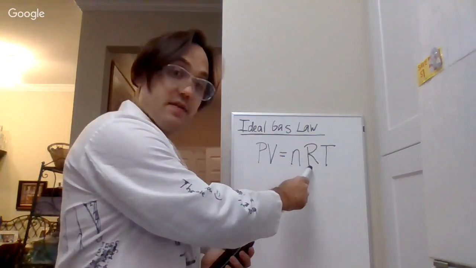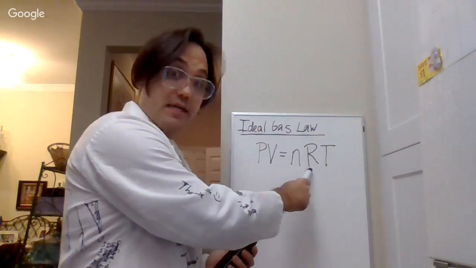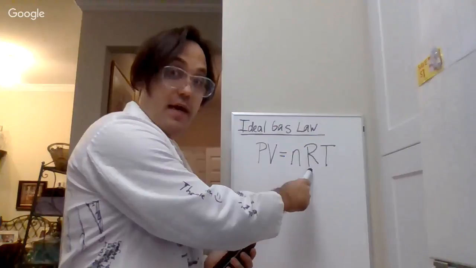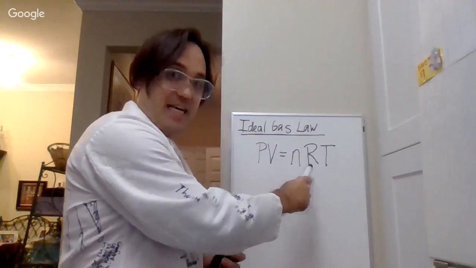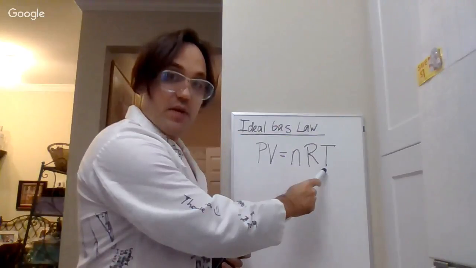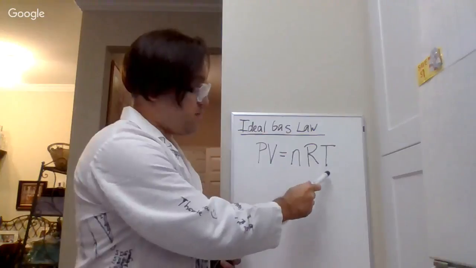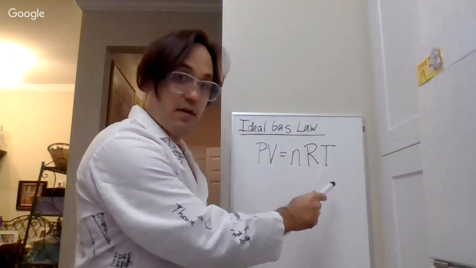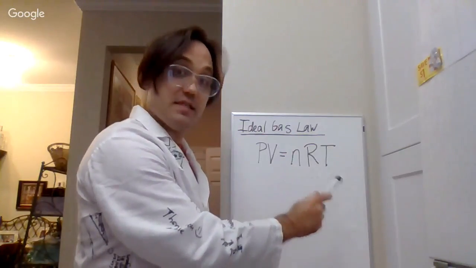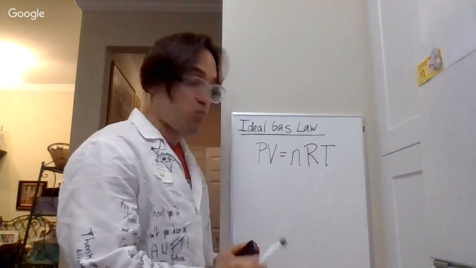And R is our gas law constant, which I will provide to you as I am demonstrating a problem. And then we have T, which is temperature, found in Kelvin. Temperature can be converted from Celsius to Kelvin by adding 273 degrees.